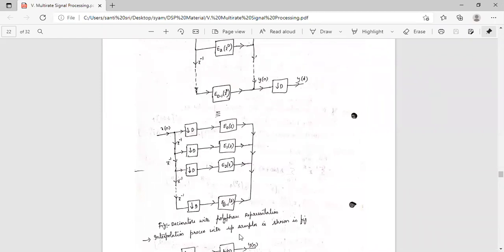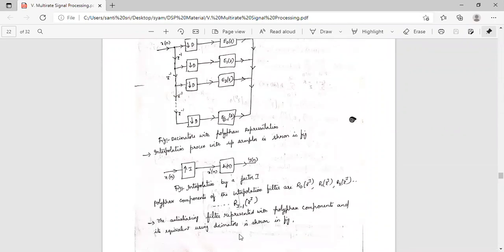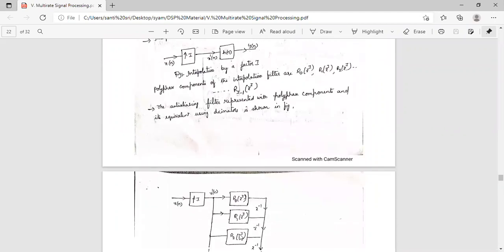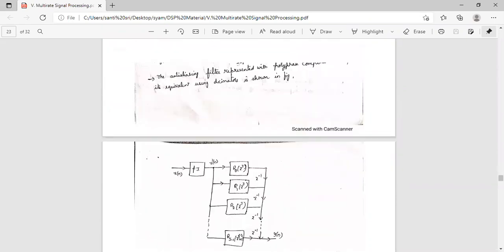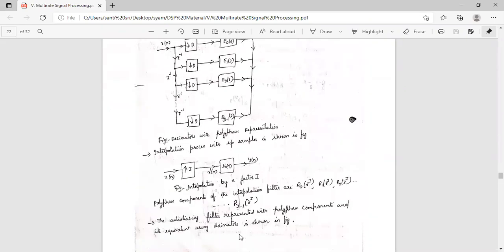Next, the interpolation process with upsampler is shown in the figure like this. Using an interpolator also, we can do the same thing. So first of all, we'll take the single stage interpolator, that is, the interpolator followed by an anti-imaging filter.